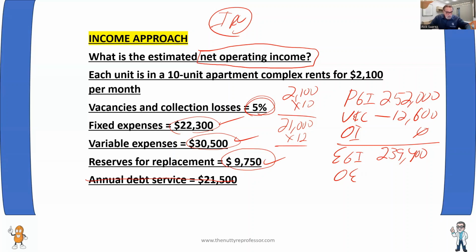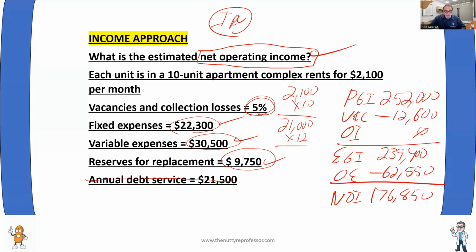So we need to add the 22,300, 30,500, and 97.50. And we have a total of 62,550. We're going to subtract 239,400 minus 62,550, and you're going to end up with 176,850, and that is your NOI, and that's exactly what they were looking for.